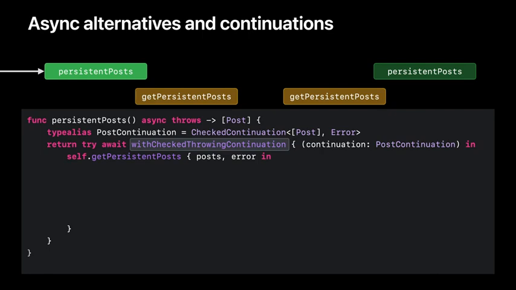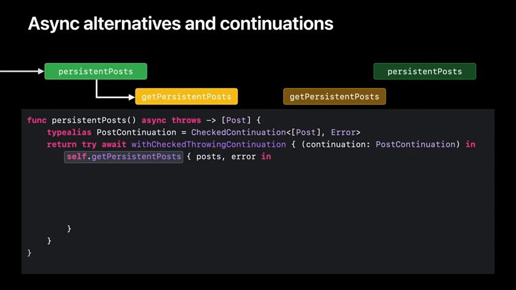It has a counterpart called withCheckedContinuation, for the situations where you know a function will never throw an error. These functions are the way to gain access to a continuation value you can use to resume a suspended async function. This also builds the first part of the bridge by allowing us to await calls to get persistent posts.